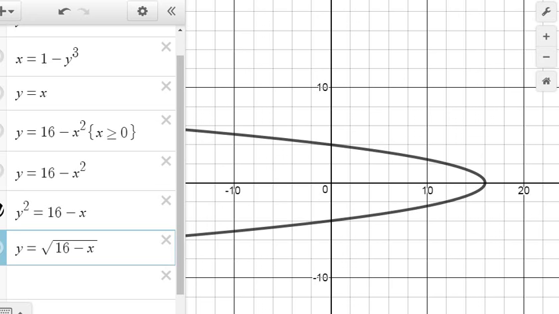Now, another thing special about functions that pass the HLT is that their inverse is also a one-to-one function. So the inverse of a one-to-one function is also a one-to-one function, or, let's see, necessarily would have to be a function. Would it be a function or just a one-to-one function?